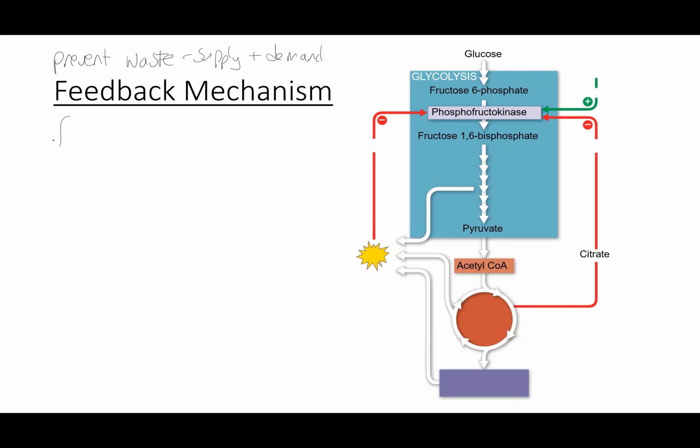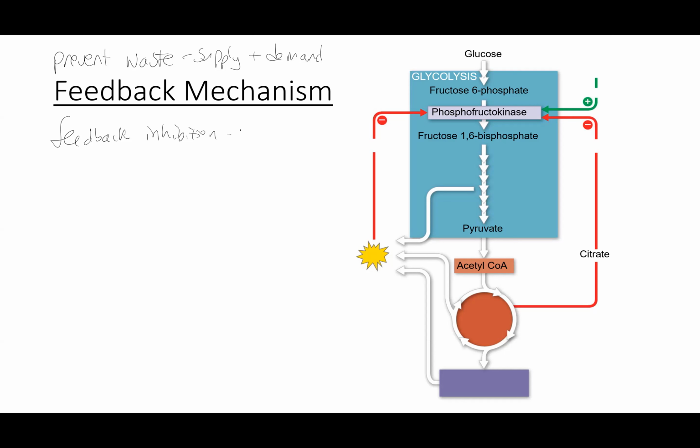And this often happens through what we call feedback inhibition. All that means is that whatever reaction is taking place, the product of that reaction will stop it. Once you've got enough of that product, it'll stop the reaction from happening.